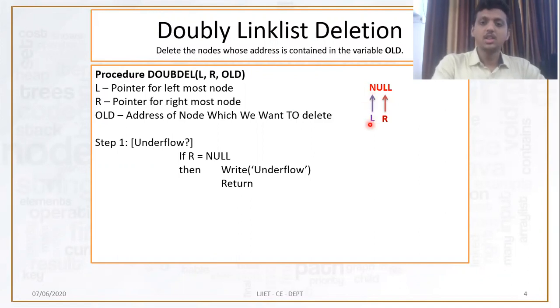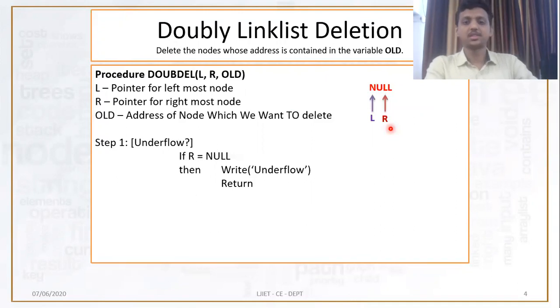L is also null, so both pointers are pointing to null. Just write any one condition. It is not necessary to write both. You can write L is equal to null and underflow, or R is equal to null and underflow.